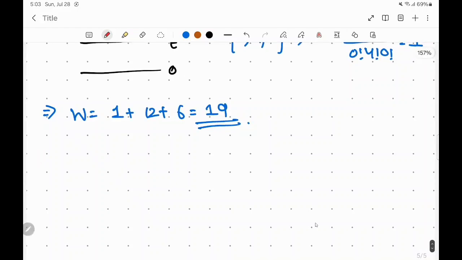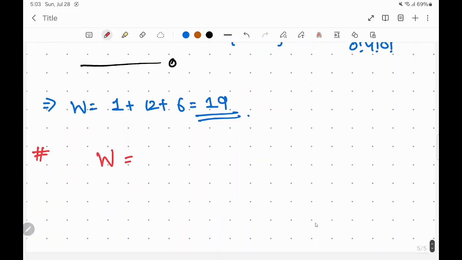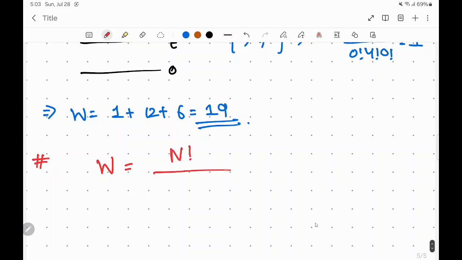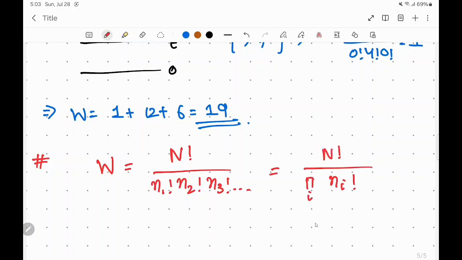W is the weightage factor of the number of arrangements under a particular instantaneous configuration. That is W. It's also discussed. This is n factorial divided by n1 factorial, n2 factorial, n3 factorial, and so on, right? You can write it by this notation. You know this notation?